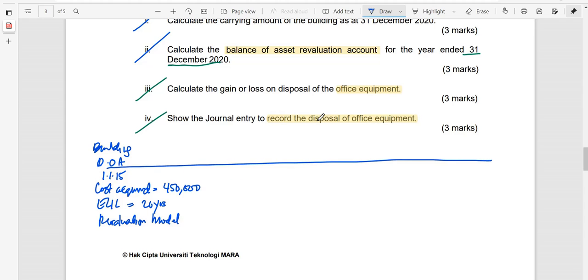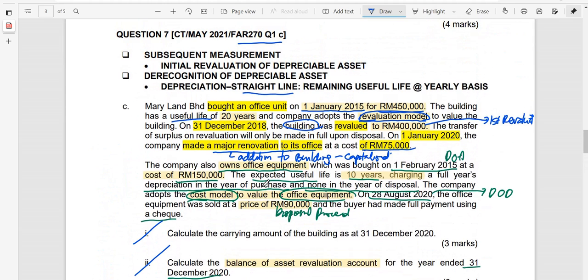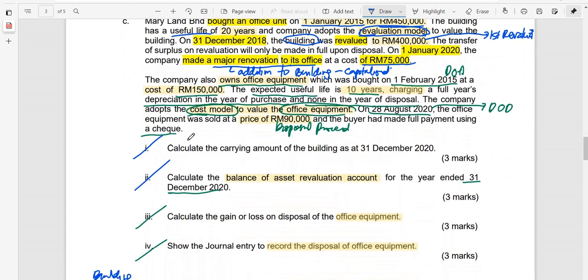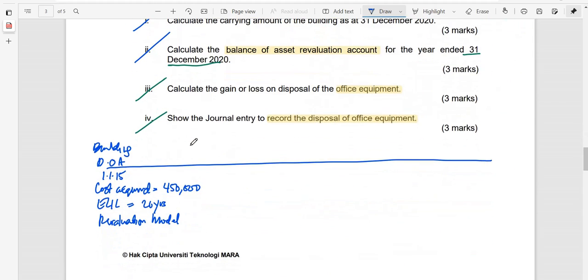So let's look at what happened with the first asset. You're informed that the revaluation took place on 31st of December. So if it's 31st of December, this is 1st of January 16, 17, 18, and this is 31st of December 18.